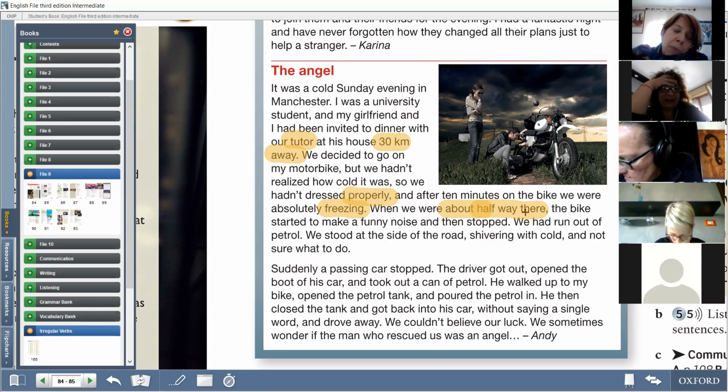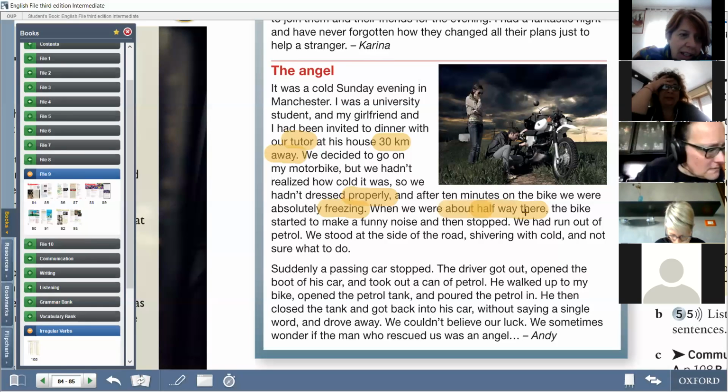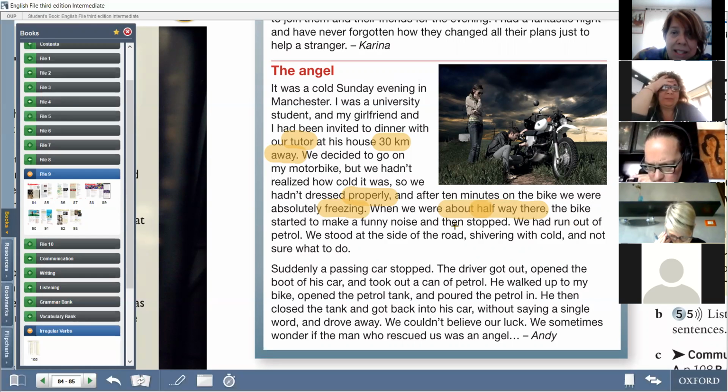Questo è proprio il modo di cui parlavamo con Carla: parlare in un modo che non sia tradurre letteralmente, ma usare dei modi appropriati molto più british, come in questo caso, essere a metà strada, invece di dire when we were at halfway, we were about halfway there.